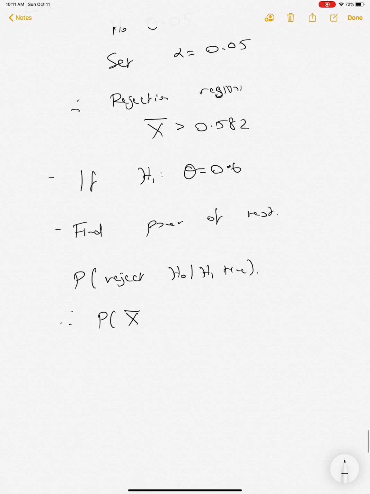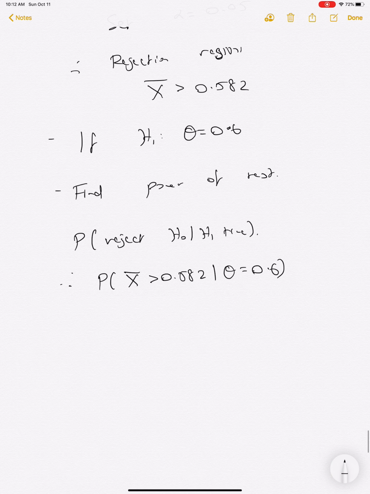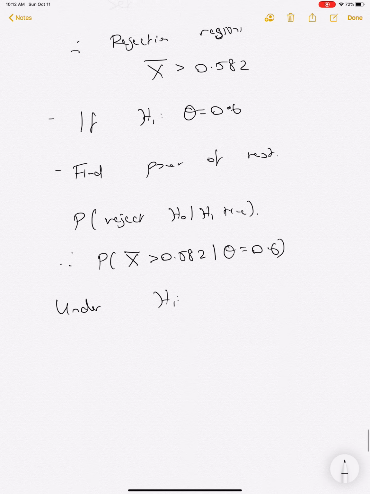So this is the probability that x bar is bigger than 0.582 given that theta now is 0.6. This is something we haven't really seen before: we're going to get a different distribution depending on which hypothesis we use. If we use the alternative hypothesis, we're setting theta equals 0.6, which was different to what we got from the null. So under H1, the distribution of x bar now changes.